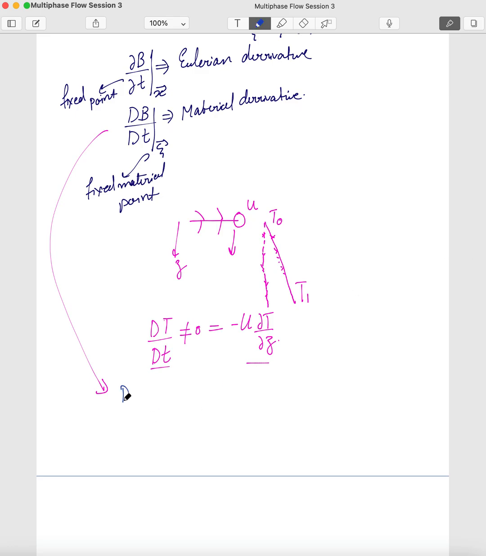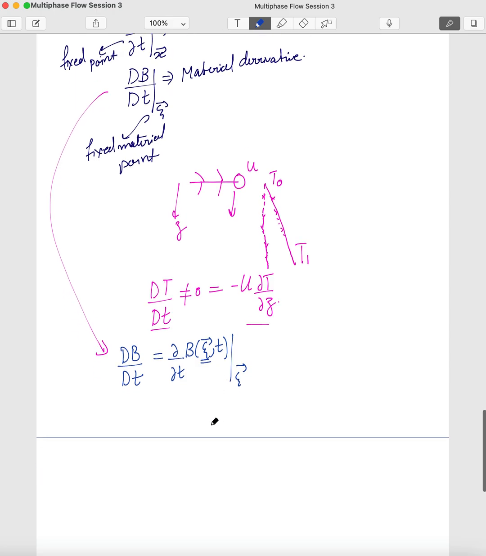So dB by dt should be equal to del by del t of B at zeta, t. So we have fixed the material point, and we are calculating the derivative at the material point.